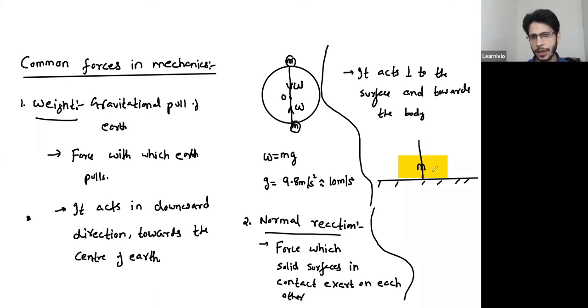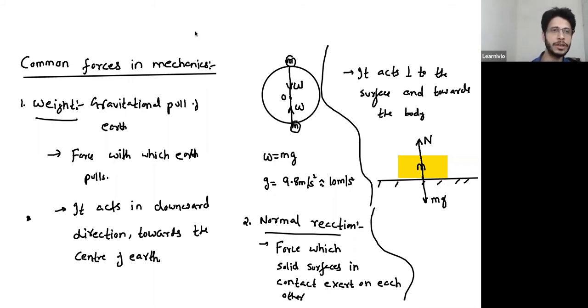Since this body and surface are both in contact, the surface will exert a force known as normal reaction on the body. How is normal reaction acting? Normal reaction is acting perpendicular to the surface and exactly towards the body. And the weight of the body is acting in the downwards direction. Normal reaction always acts perpendicular to the surface.